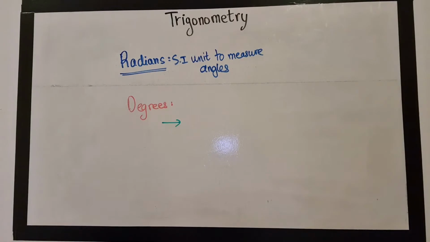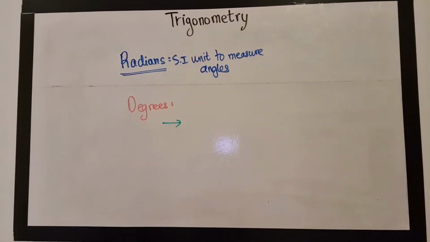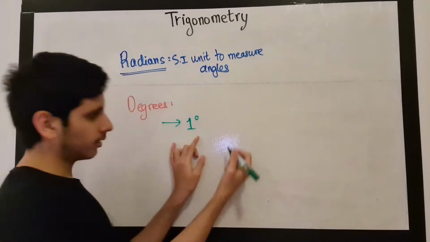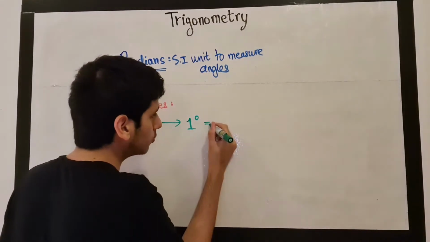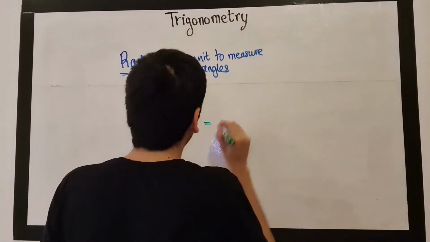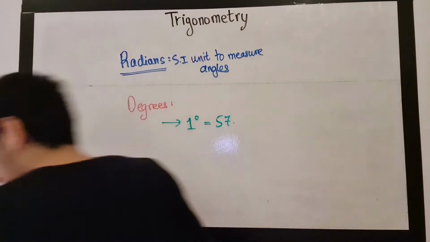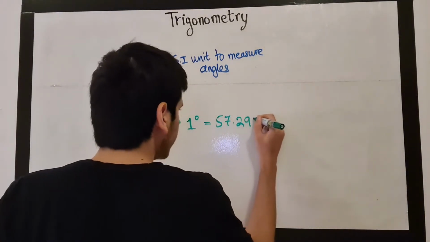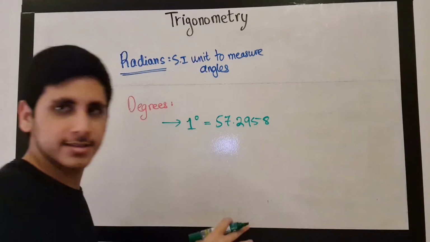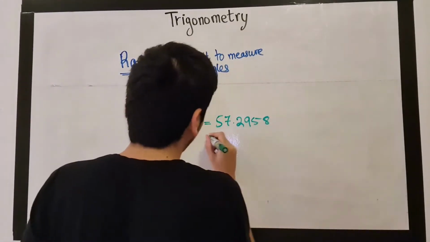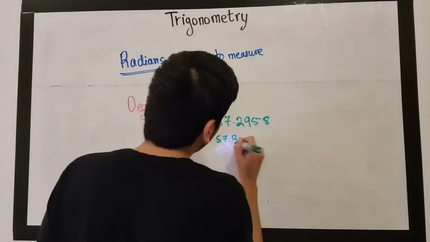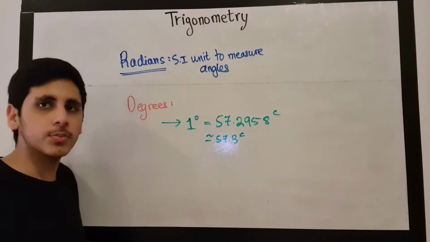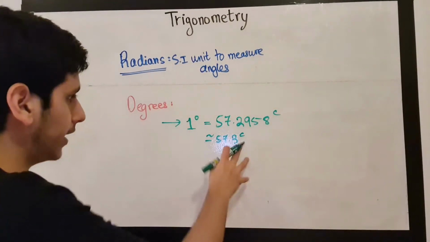So the relation between radians and degrees is that 1 degree equals around 57.2958, which is rounded to around 57.3 radians.